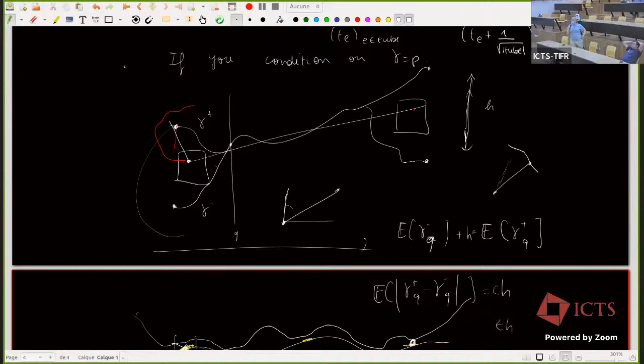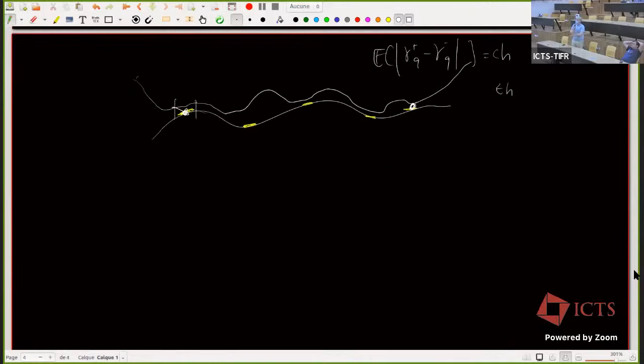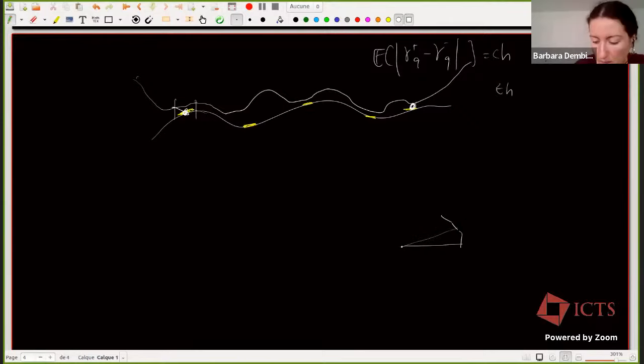Yeah. Let me do a picture. So let's say you look at a geodesic from here to here. So the first step is to say that you cannot reach this line at a distance greater than this distance here, that will be smaller than square root n.